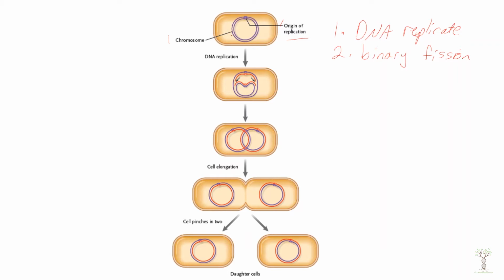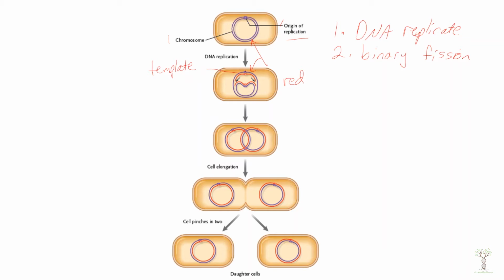This process of DNA replication is a semi-conservative replication process, and that means we're going to separate these two strands of DNA, and each strand will act like a template for a new strand of DNA. So the new strand of DNA is shown in this diagram in red, and each new strand is being made from an old strand that acts like the template.